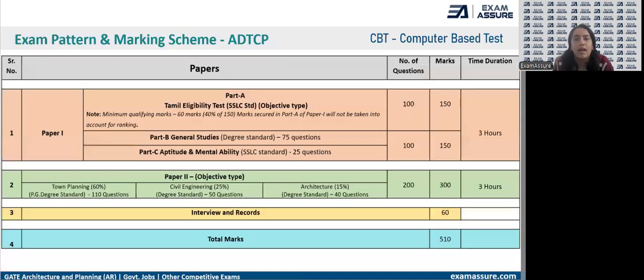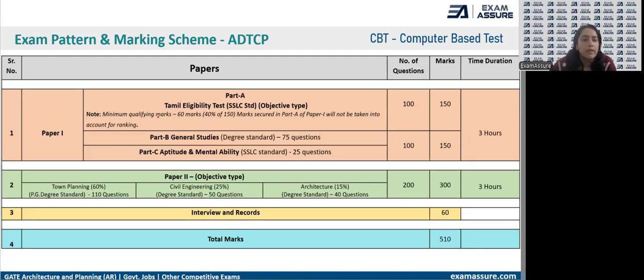As far as the marking scheme is concerned, this exam is going to be a computer-based test. Earlier, if we see, the previous examinations have been conducted as OMR-based tests. So from now on, as mentioned in the notification, it will be a computer-based test.